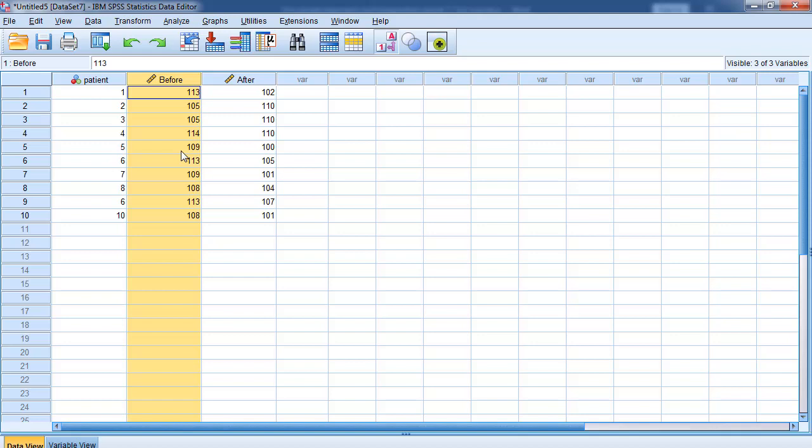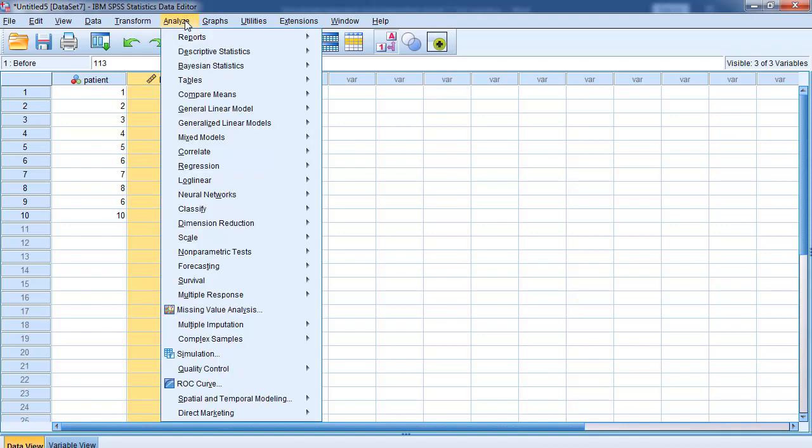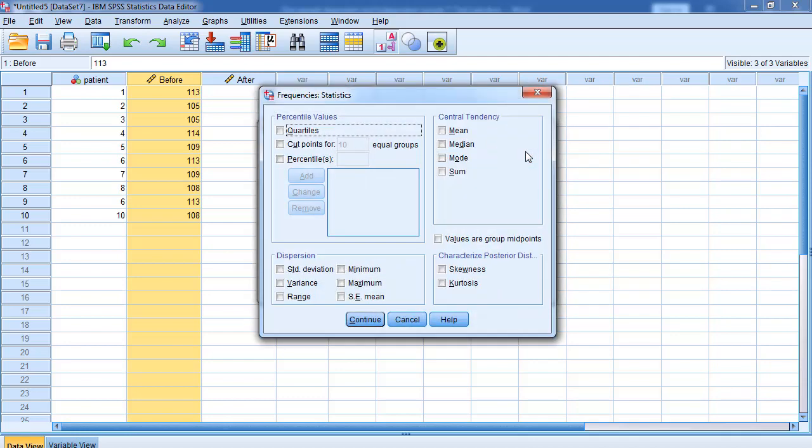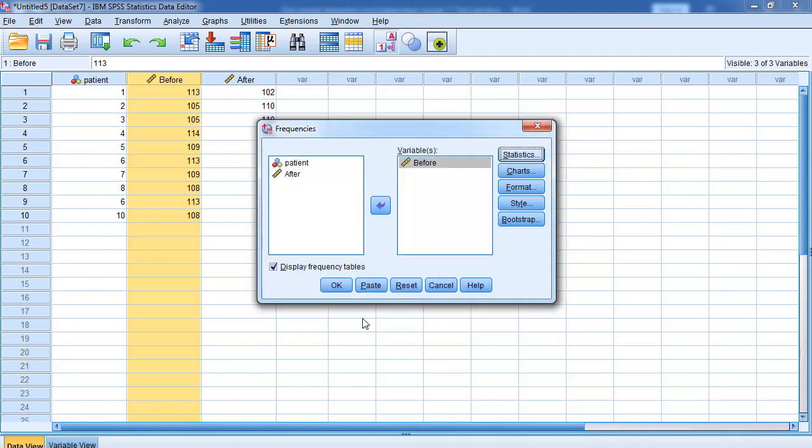Now I want to figure out the mean. I go to analyze, then descriptive, then frequencies, and put before under the variable, and then go to statistics, select the mean, and press OK.